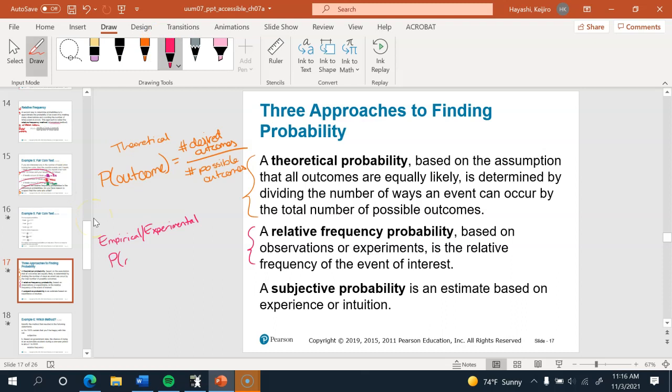It's to be measured as the number of times a desired outcome happened, placed over the number of trials or observations.